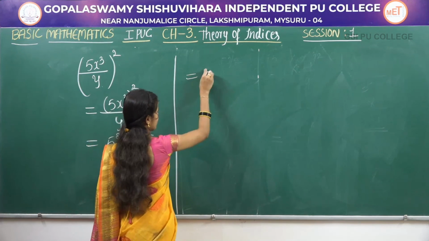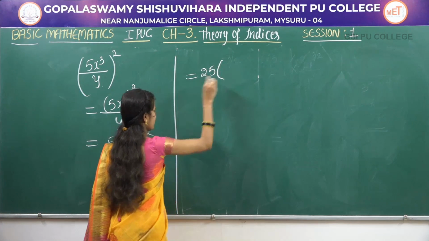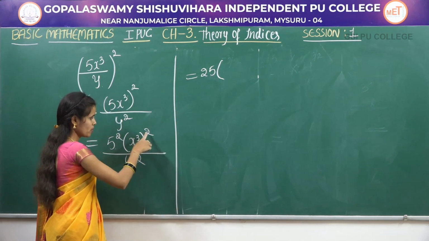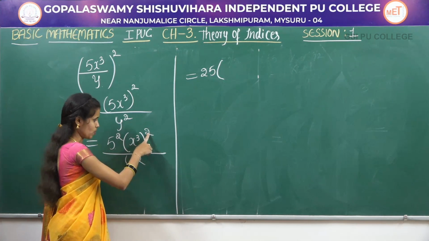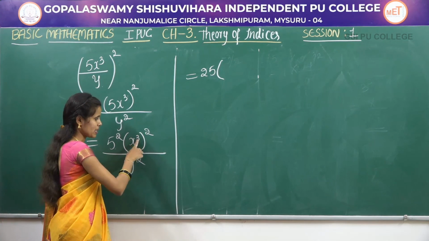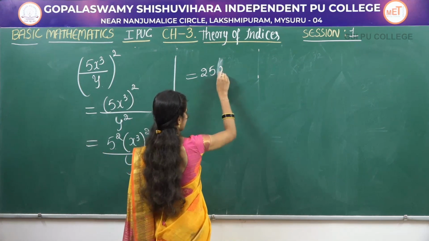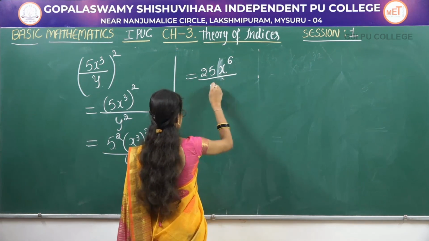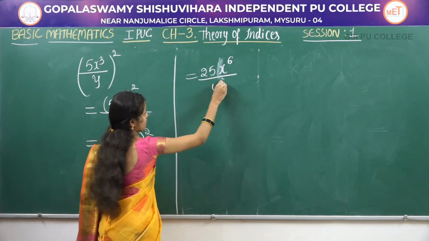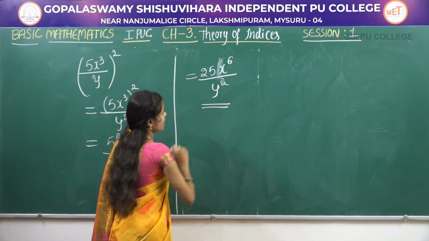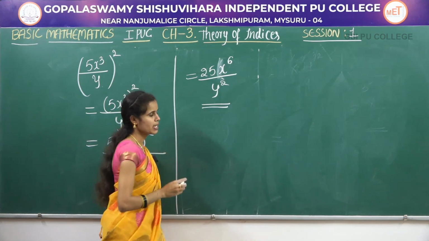So 5 square is 25 into x cube whole to the power of 2. Here there are 2 powers, multiply the powers: 3 into 2 is 6. So it is x to the power of 6 divided by y square. So 25 x to the power of 6 divided by y square.